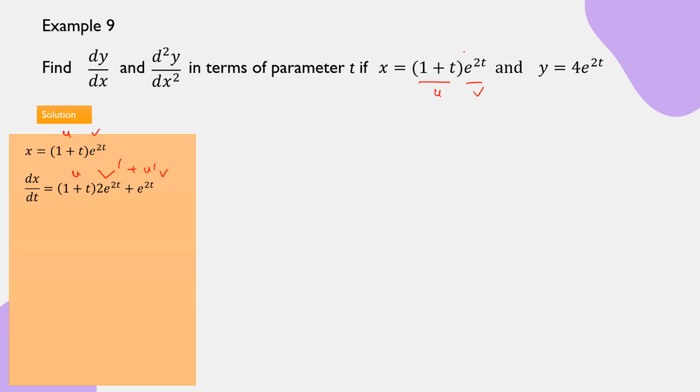u equals 1 plus t, v prime equals, differentiating e to the power of 2t, we get 2e to the power of 2t. And then u prime equals 1, and v is e to the power of 2t. So we can simplify, get 3e to the power of 2t plus 2t e to the power of 2t.